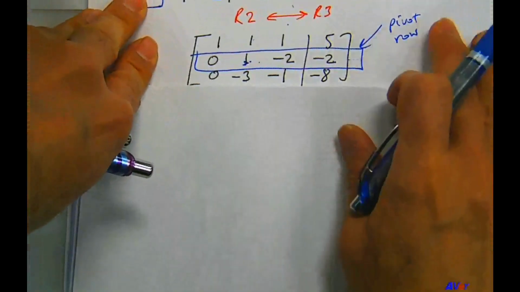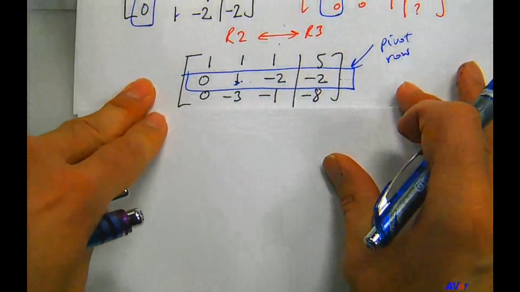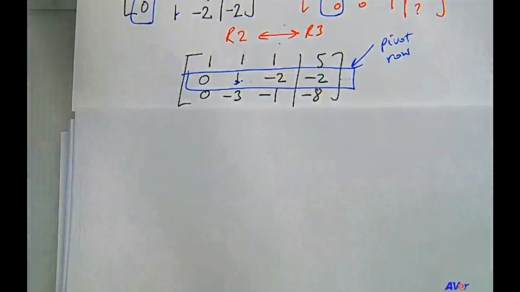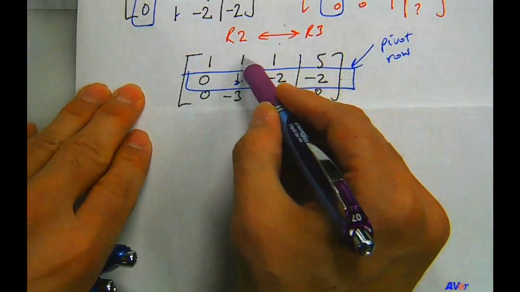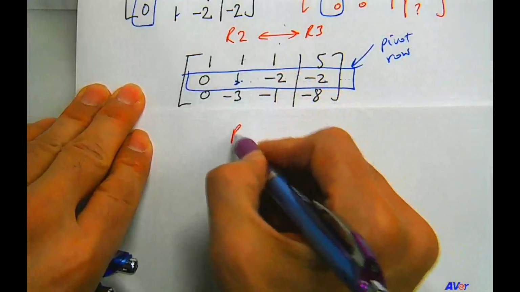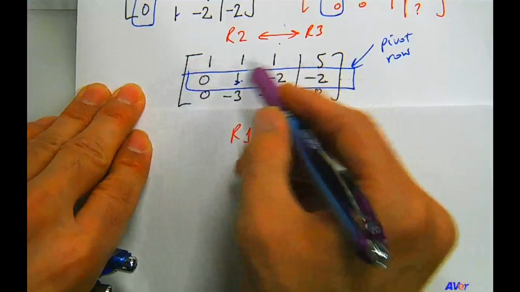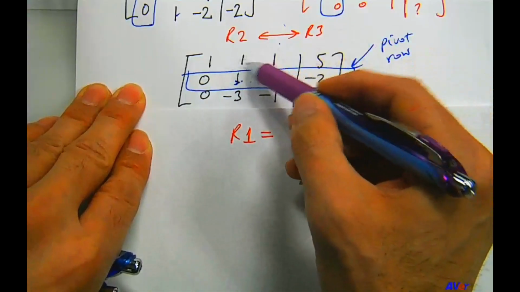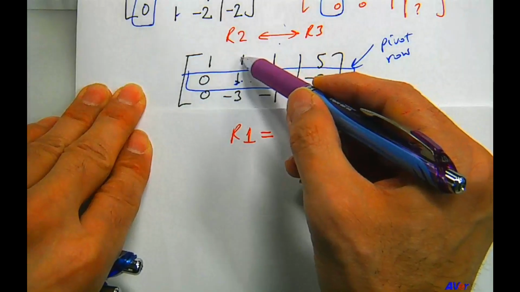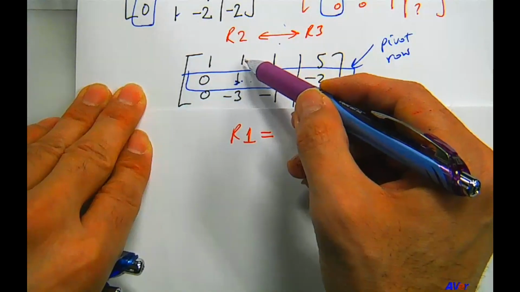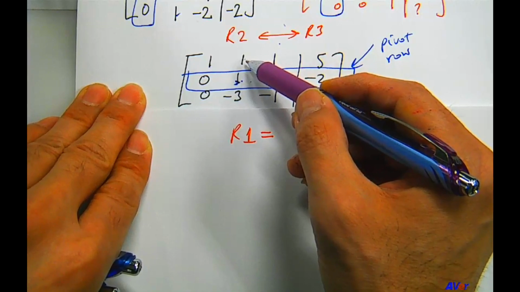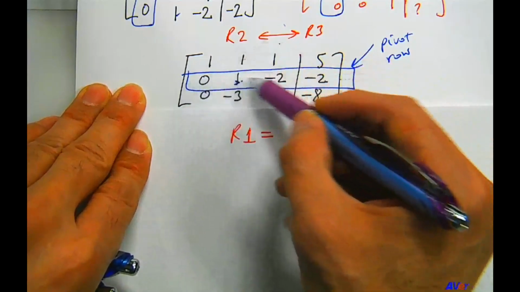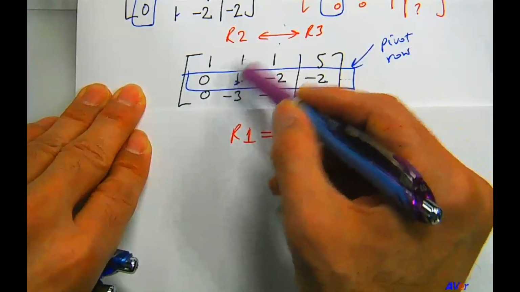So let's write down those 2 row operations. To change this one to 0, we're changing row 1, right? That 1 is in row 1, equals, all we need is to add a -1 to this to get it to be 0. So where is the -1 going to come from? We can multiply the pivot row by -1 and add it to that.